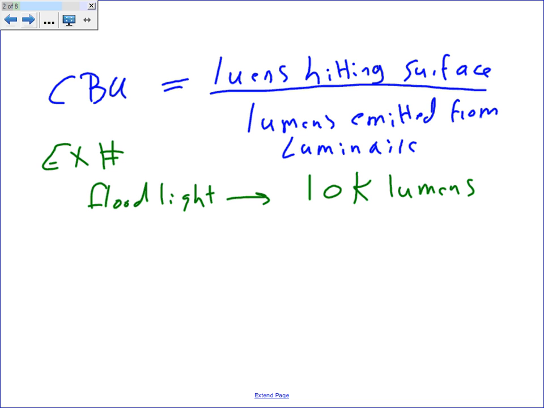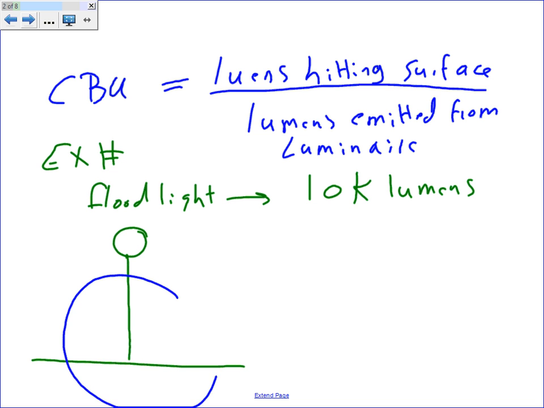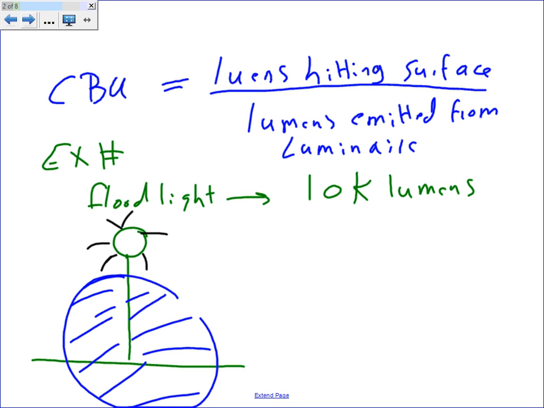And then the lumens that reach the area that I want to light. So here's my light standing over here, and I want to light the area around this light. This is the area that I'm going to light in every direction. Let's just say, okay, just for ease. And here's my light coming out of that, 10,000 lumens coming out of it.